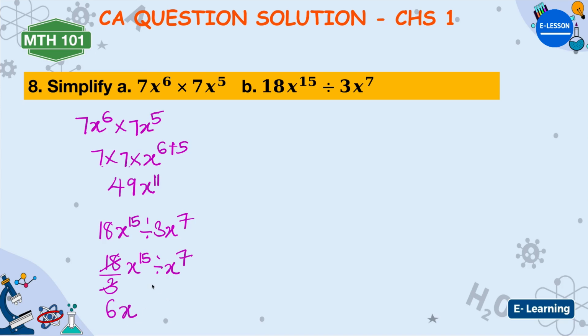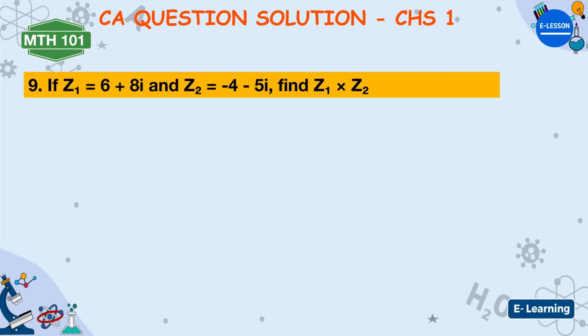So we have x. When the bases are equal and division is in between them, collect one and then subtract the power. So this is going to give us 6x. 15 minus 7 is what? 8. And that is the solution to that question, 6x raised to the power of 8, which we have solved. All right? Exactly. Let's see the next.